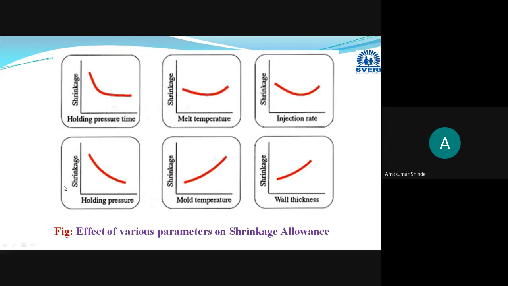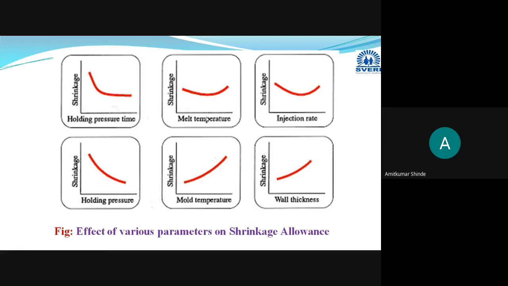The next parameter is the mold temperature. As we increase the mold temperature, you have to provide a higher shrinkage allowance value, since more shrinkage will be there. This is the same for melt temperature also. If you have used a higher melt temperature or mold temperature, shrinkage will automatically be more.